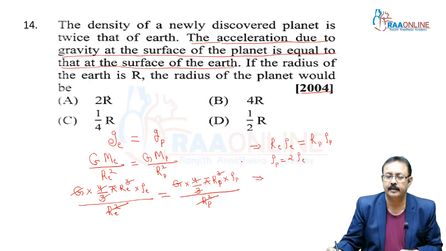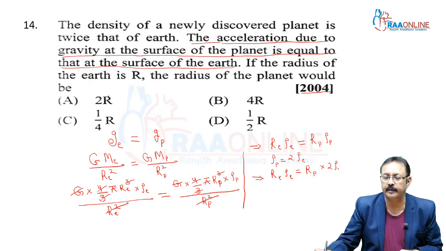Putting in this Re, radius of Earth, density of Earth, and for that planet, radius of planet, density is twice the density of Earth, cancel rho e with rho e. So what are we getting?